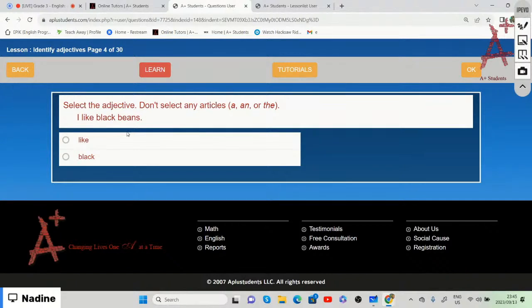I like black beans. We need to select the adjective. Is it like or black? Does it tell us what kind or does it tell us how many?